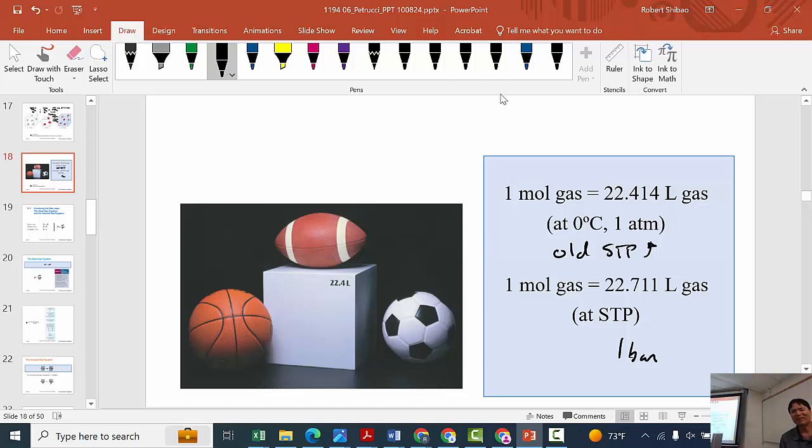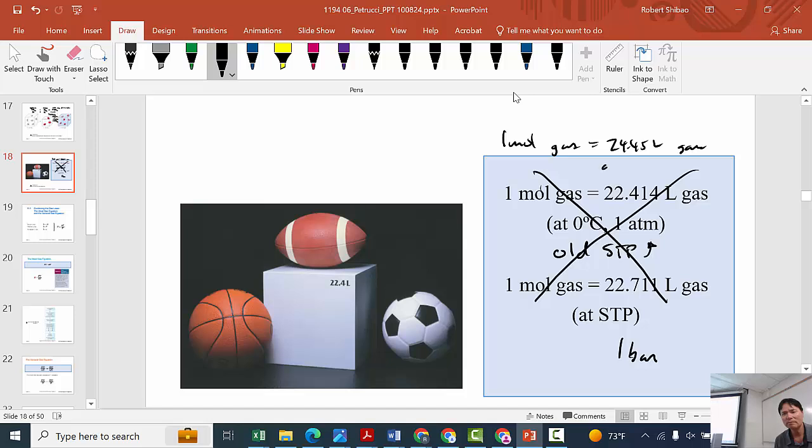And so I wouldn't bother memorizing either of those. If you're going to memorize one, you don't have to memorize this because it's easy to calculate. 1 mole of gas is equal to 24.45 liters of gas at 25 degrees C and 1 atmosphere.